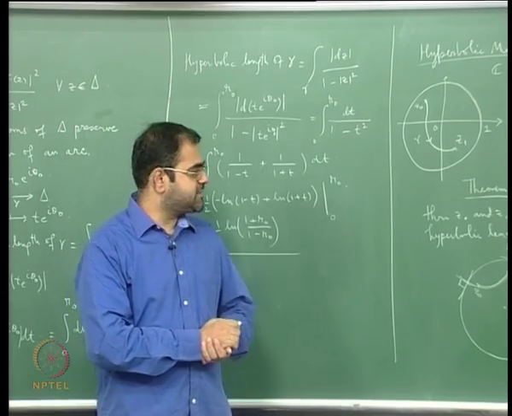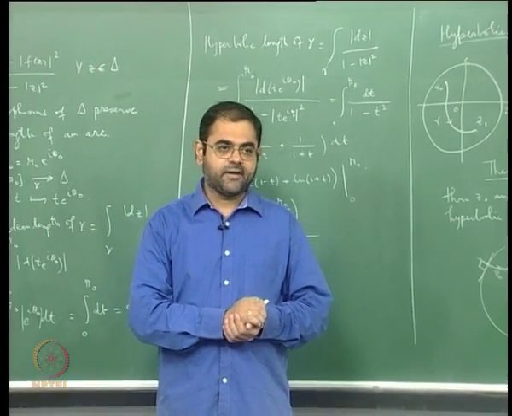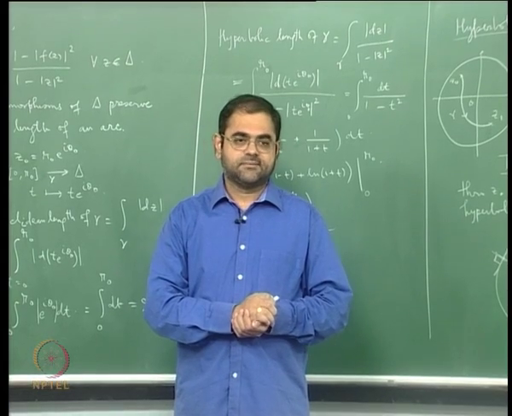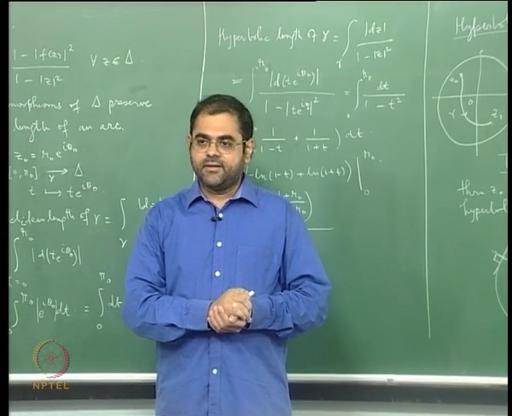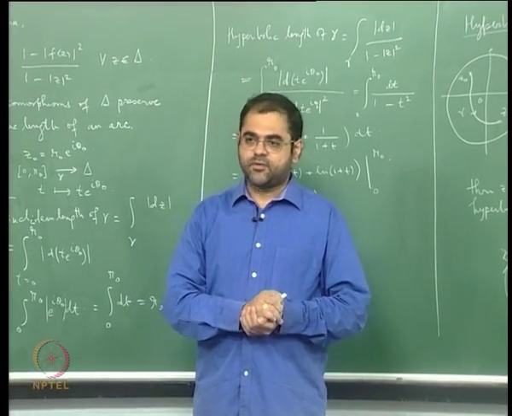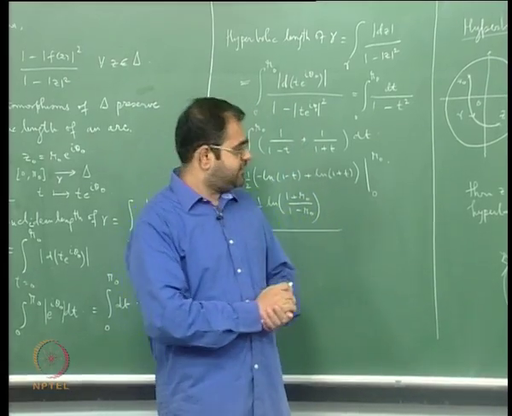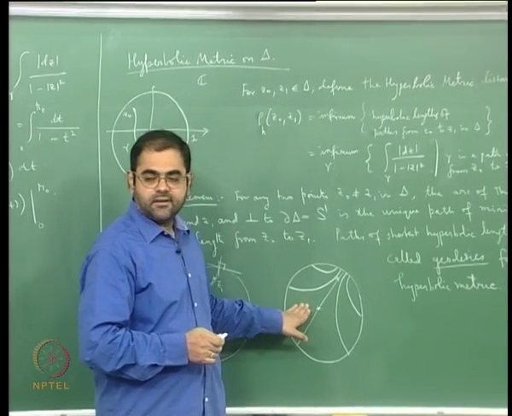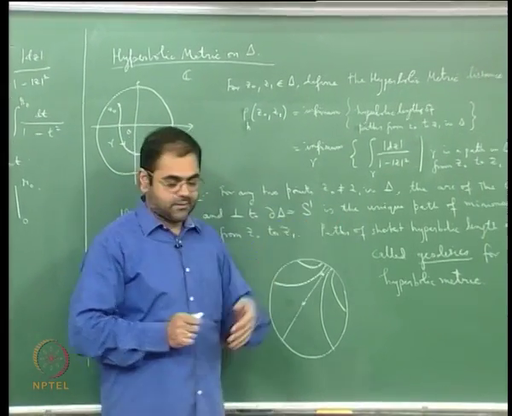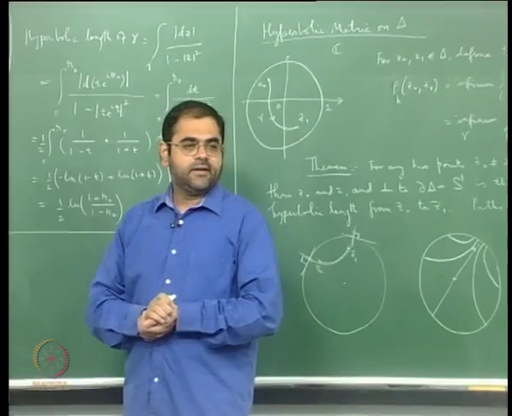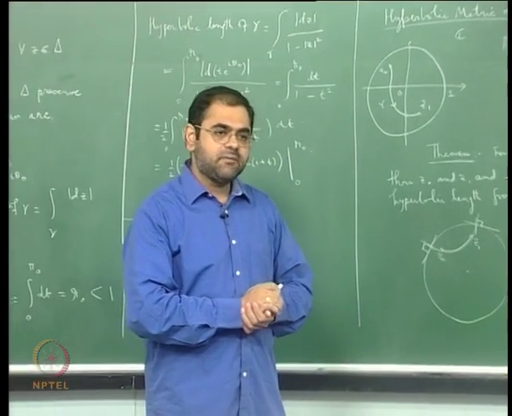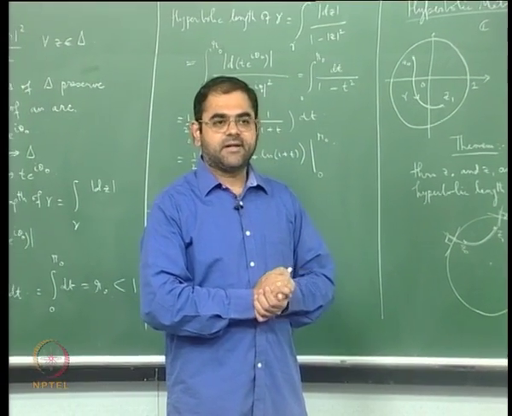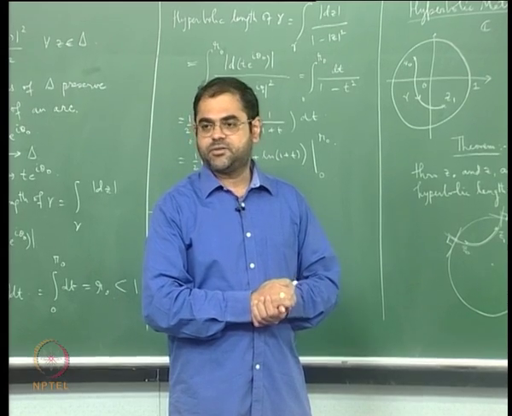So the geodesics in the Euclidean metric are just straight lines, and straight lines are important for Euclidean geometry, right. In the same way, these geodesics that we get for the hyperbolic metric will play the same role as straight lines play for Euclidean geometry, okay.